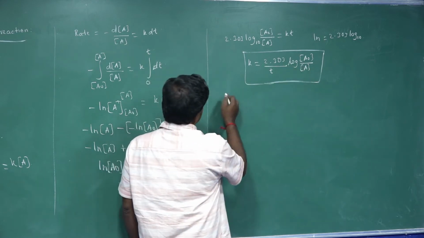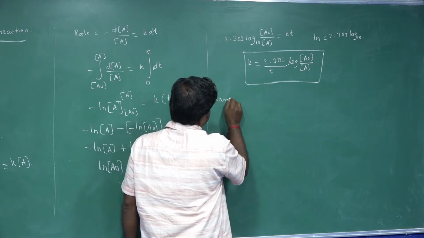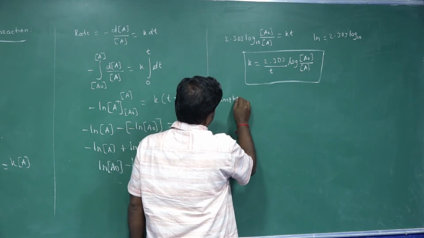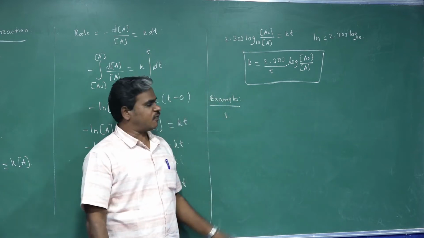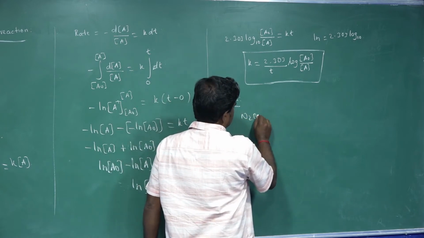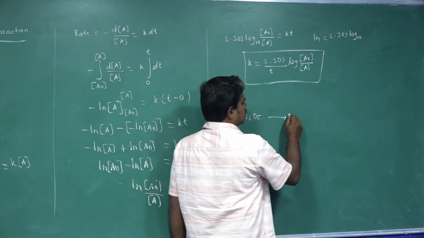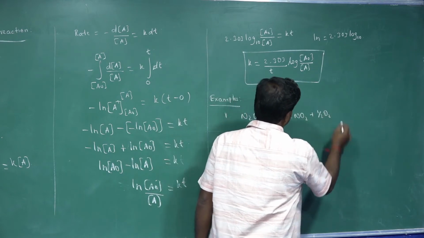Now we may take the examples of first order reaction. The first example is the decomposition of nitrogen pentoxide: N2O5 decomposes to give 2NO2 and O2.